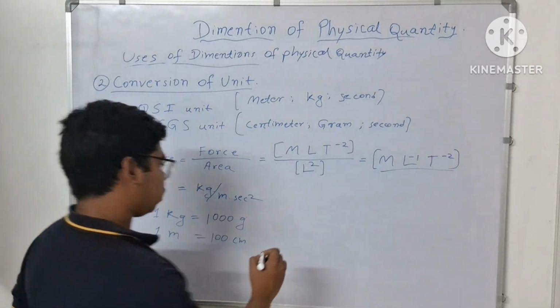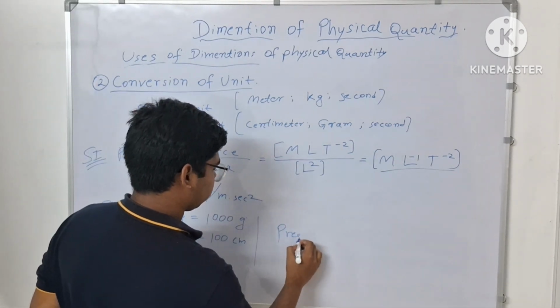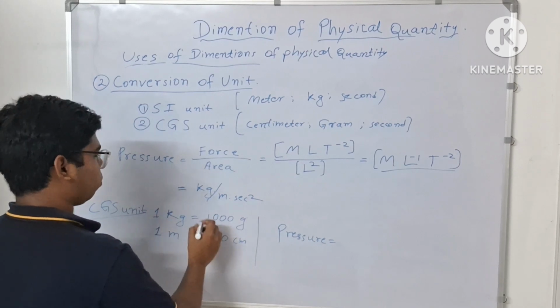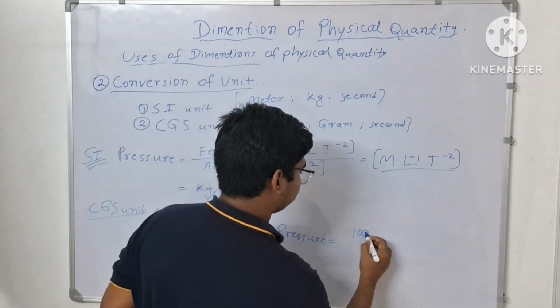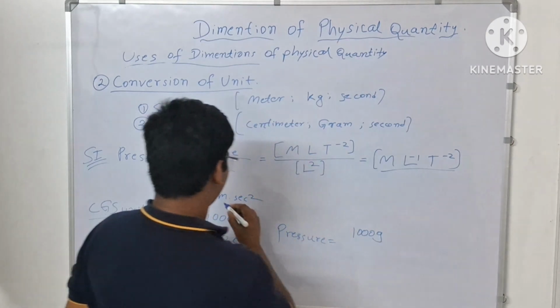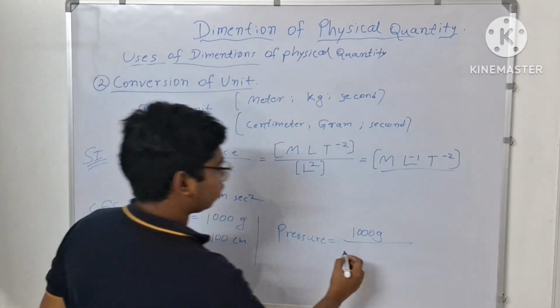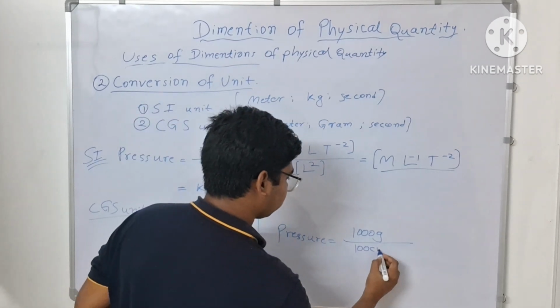So what will be the unit of pressure? Pressure equals kg, in place of kg we will put gram. So 1000 gram divided by meter, in centimeter, 100 centimeter.